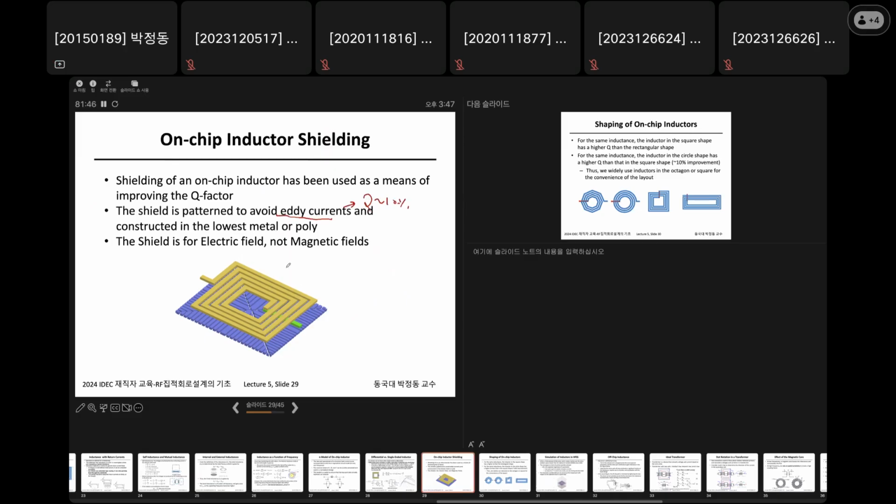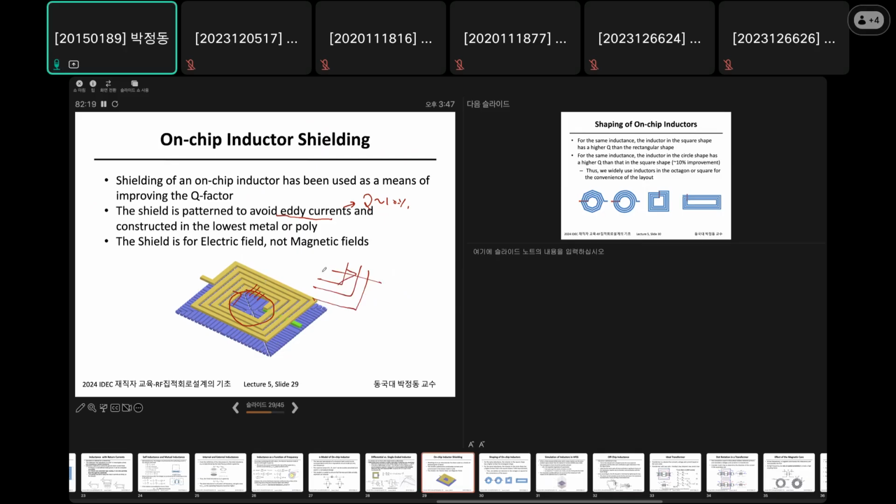So the way it goes is to avoid eddy current conduction. This and this and this and this are separated. Okay, the induced eddy current is routing going in this way, but because the metal structure is separated like this, it cannot go through these metal structures.